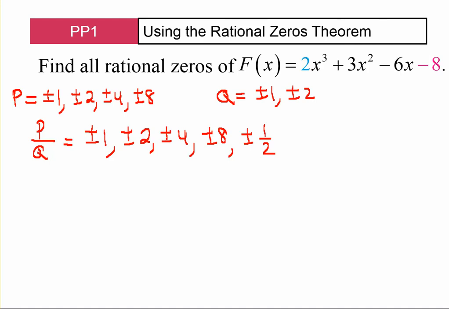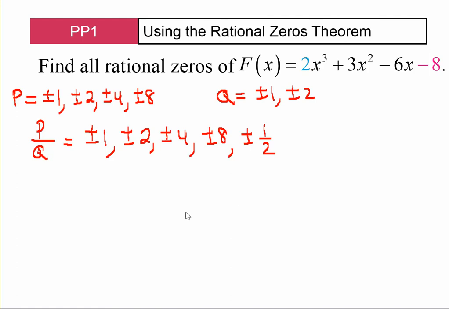So now the question is, how do we figure out which one's the rational zero and which one is not? You've got to test them. So you've got one of 2 ways to do it. You can either use synthetic division, but an easier way, let's use the remainder theorem.